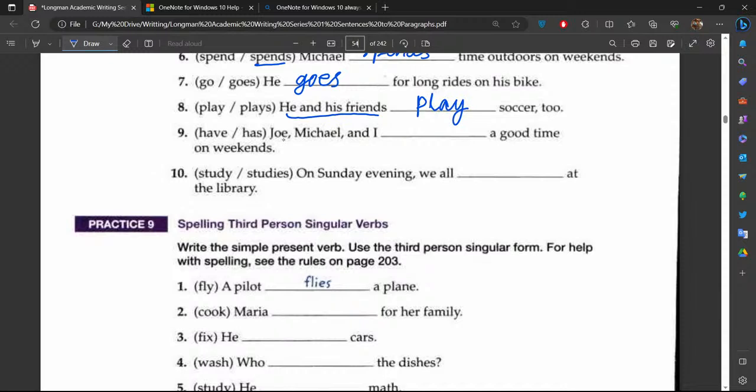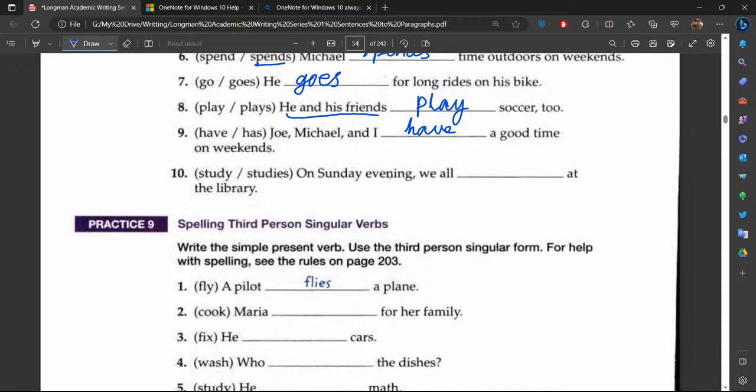Have, has: Joe, Michael and I. See, there are three people used as a subject, Joe, Michael and I. So this is a plural form, and now we have to use have. A good time on weekends. And the verb for the plural subject is have.